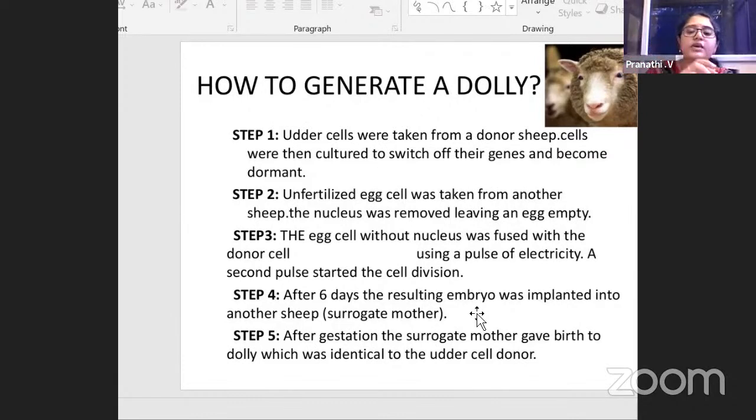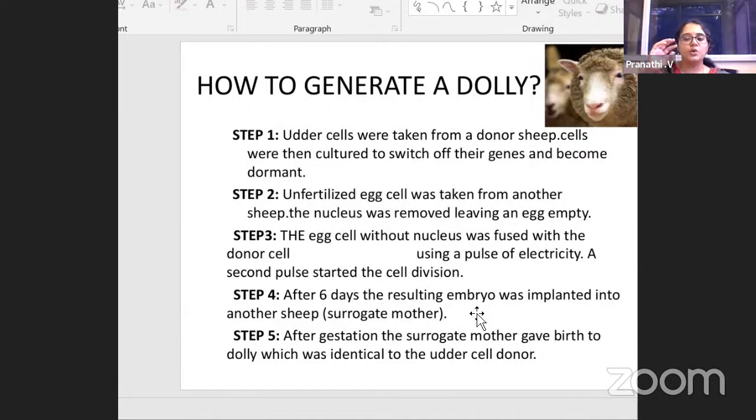Then what did they do? From the donor udder cells, they took the nucleus and inserted it into the egg cell using electric pulses. They gave it two pulses: the first one for fusion, the second one for cell division to start taking place.